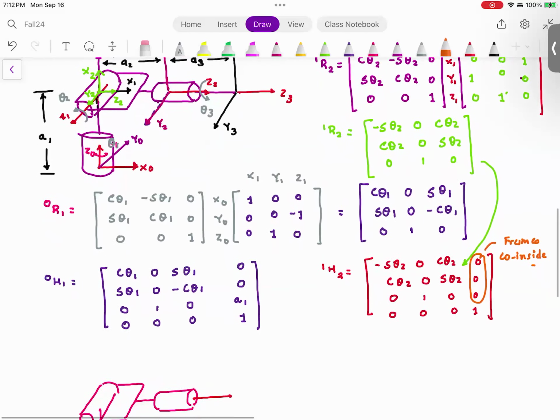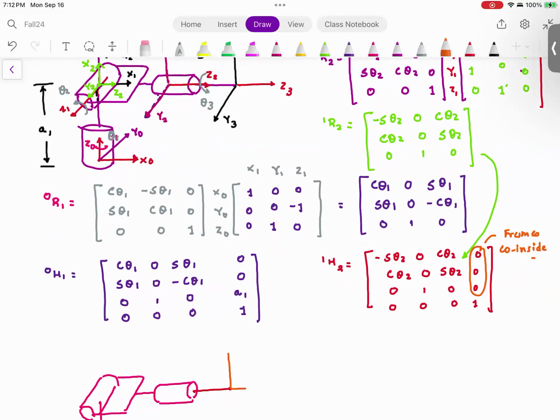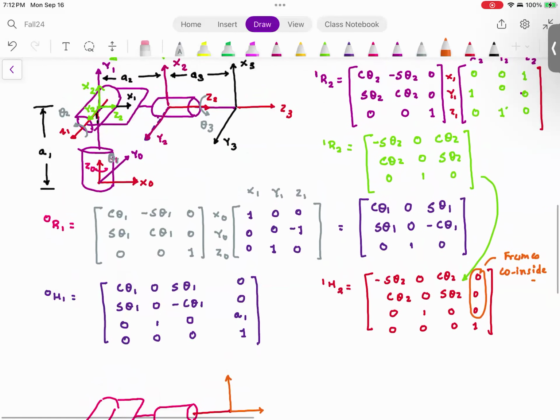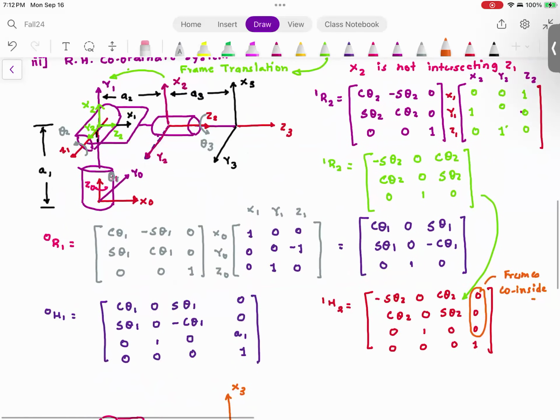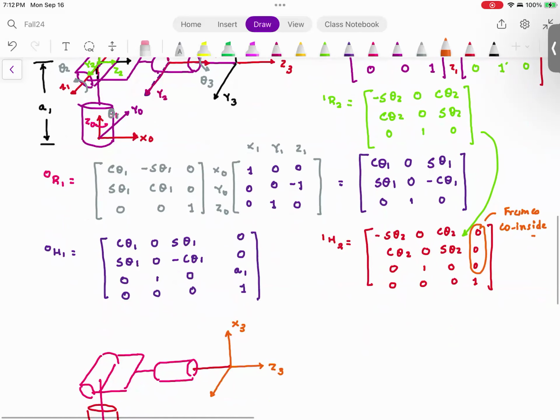So check this out. This is x3, z3, x3, and y3.